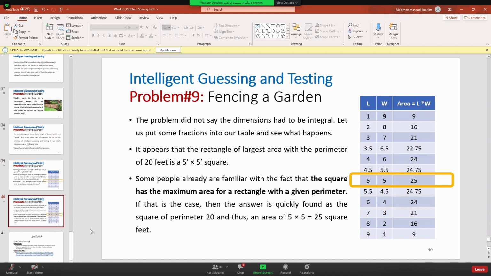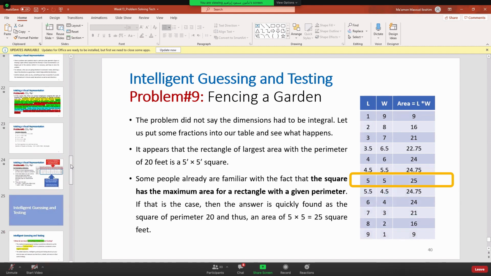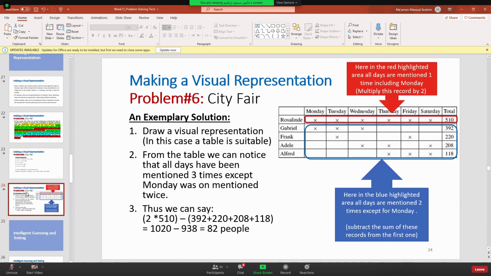So these are some examples of concepts for problem solving. We have studied 5 concepts, which are intelligent guessing and testing, adapting different points of view, data organizing, and we have also talked about visual representation.